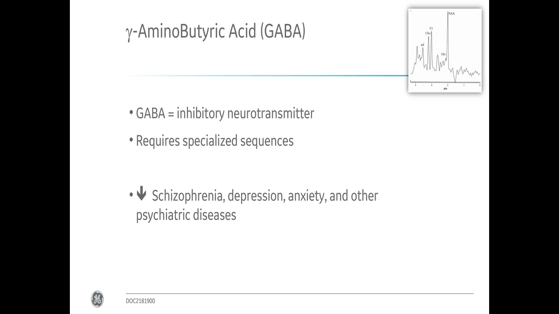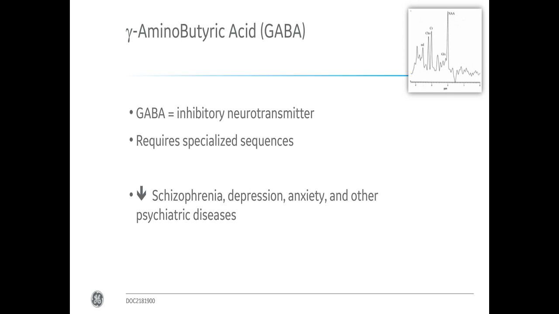It really drops in several diseases, mainly interesting in psychiatric diseases. But as I said, it's not a metabolite that is currently used for individual diagnosis. It's more in the realm of clinical research.